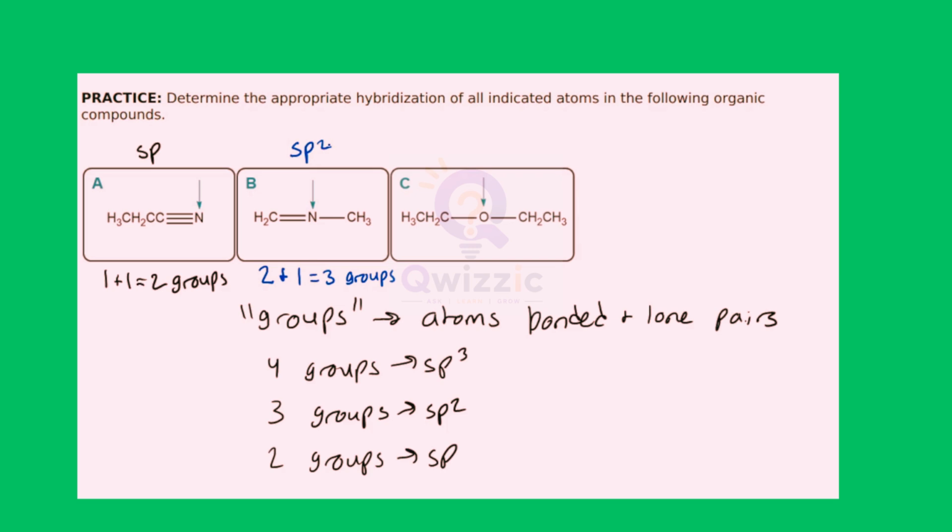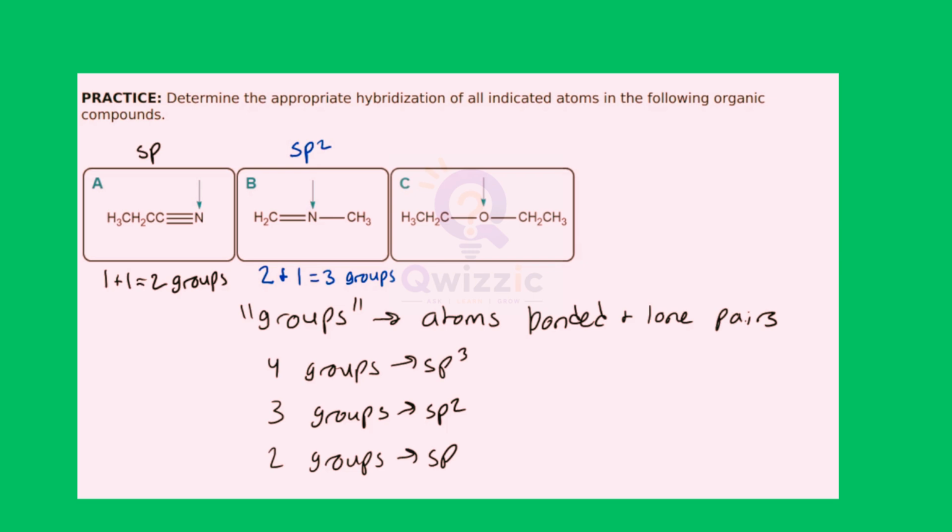So now let's move on to part C. And for part C, recall that our oxygen here is actually going to have 2 pairs of electrons, where nitrogen has 1. So let's keep that in mind, because molecule C is an ether, and it's an ether with 2 ethyl groups on either side of it.